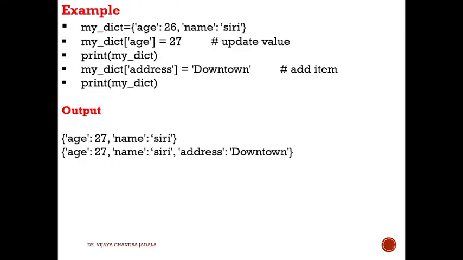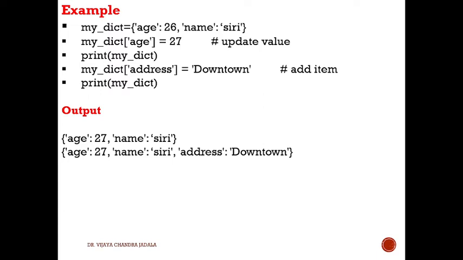Example: my_dict equal to {'age': 26, 'name': 'SC'}, then my_dict['age'] equal to 27, print my_dict. So this is the example and the output you are going to get.